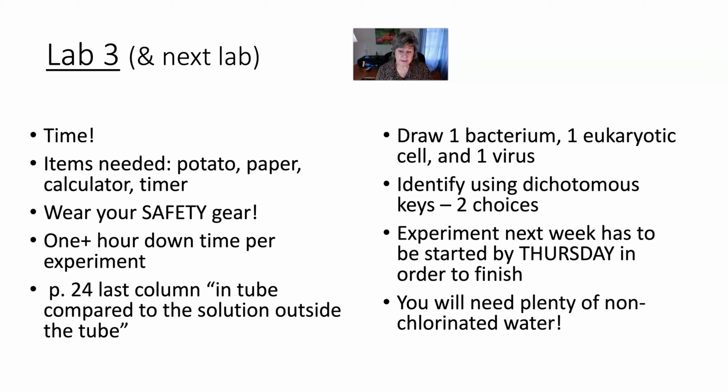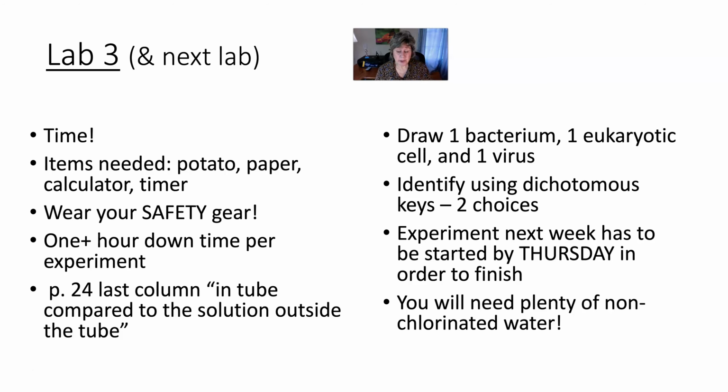All right, the other thing that I want to mention is the experiment next week has to be started by Thursday in order for you to finish, because it will take you 2 days to germinate your peas in order to carry out the experiment. And it is extremely important that you don't use tap water for this. You need to use bottled water, distilled water, treated water, whatever, to get the chlorine out of it.